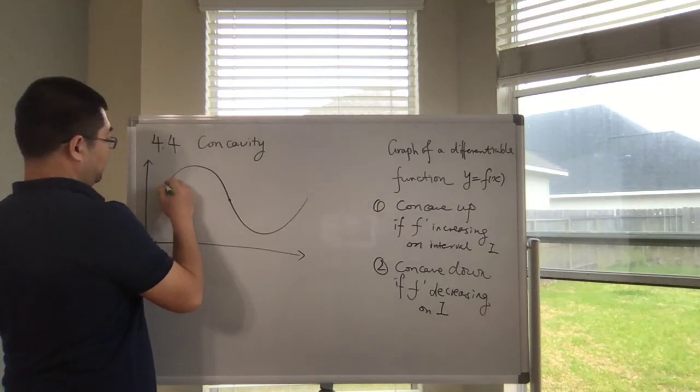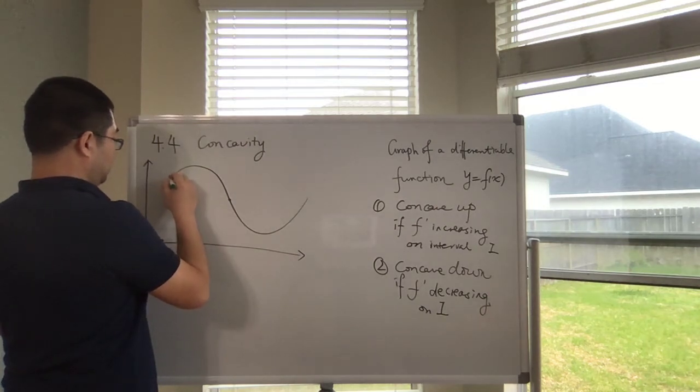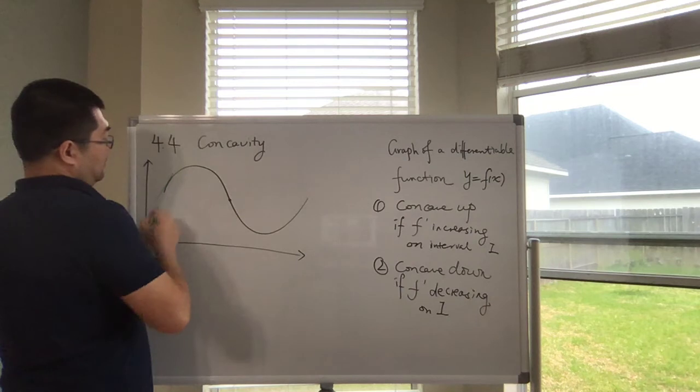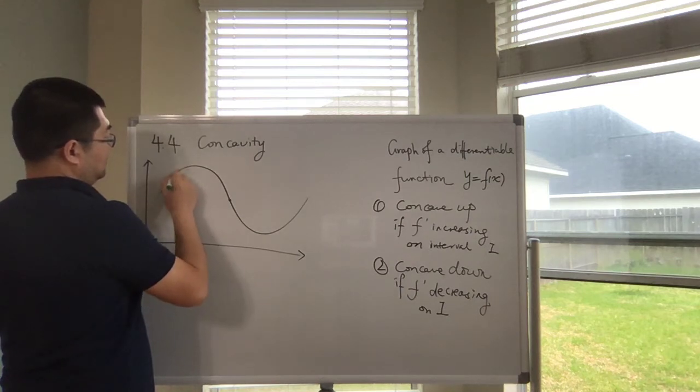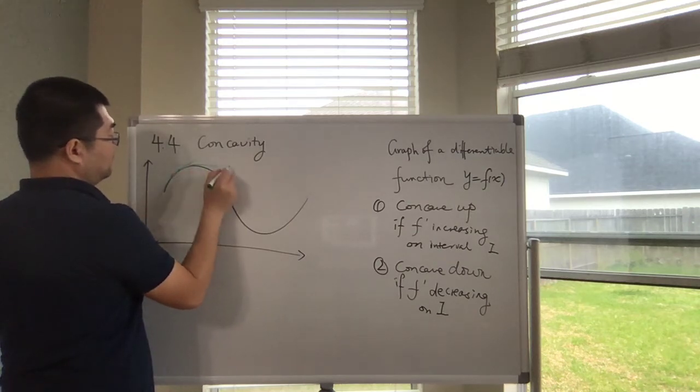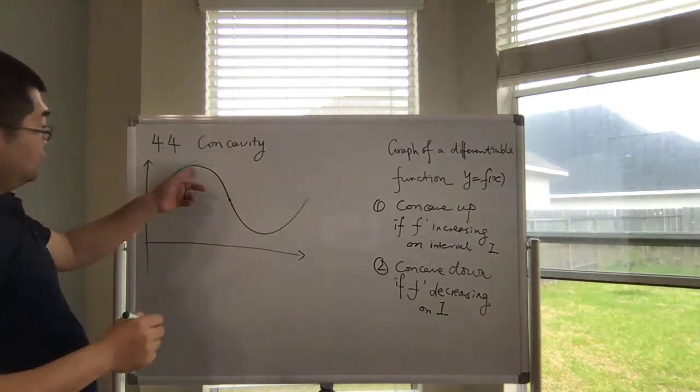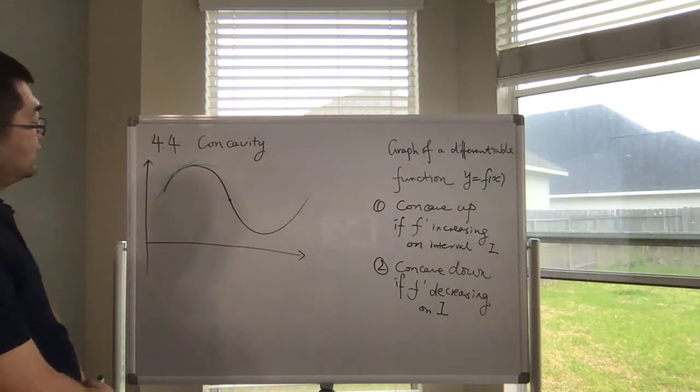So if I put it here, and then some tangent lines here, and then there will be a position which becomes flat, which you can see from the previous part.